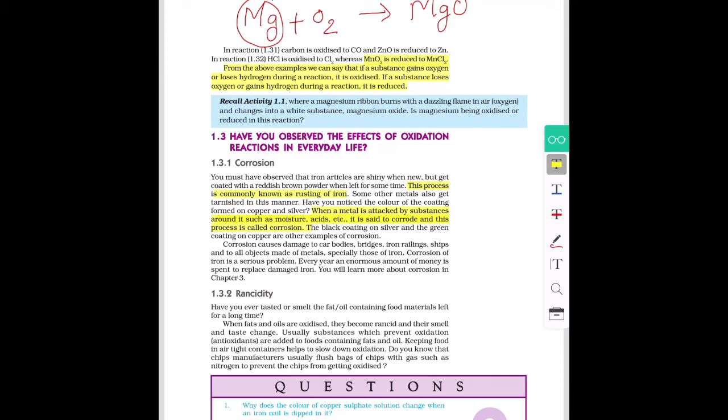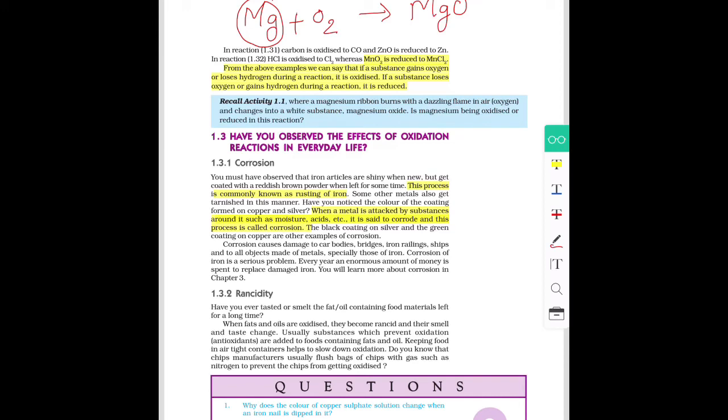Now, rancidity. Have you ever tasted or smelt fat or oil containing material left for a long time? When fats and oils are oxidized, they become rancid and their smell and taste change. Usually, antioxidants, substances which prevent oxidation, are added to food containing fat and oil.